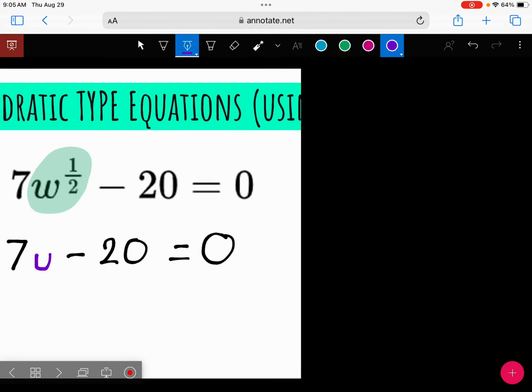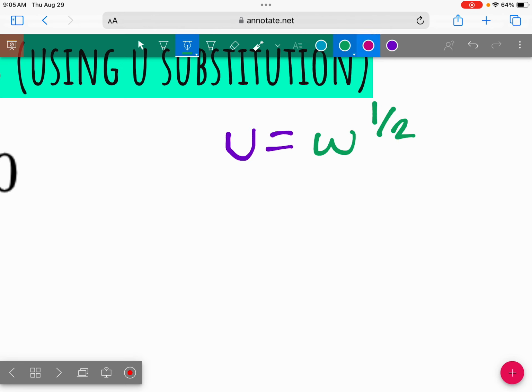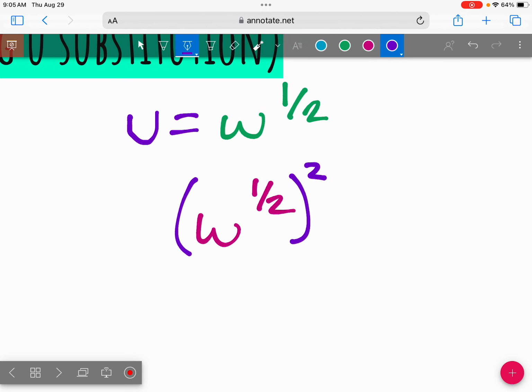Exponent laws. So if I take W to the 1/2 and I square it, what do we do with the powers? Multiply them. 1/2 times 2 would be W to the 1st, right? So U squared is the same thing as W to the 1/2 squared.